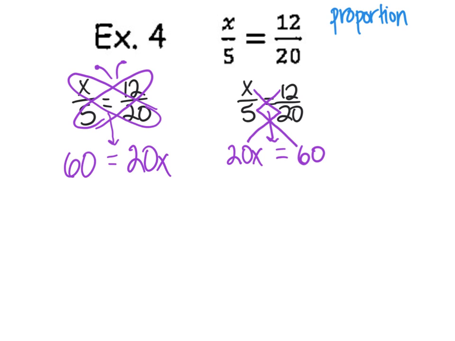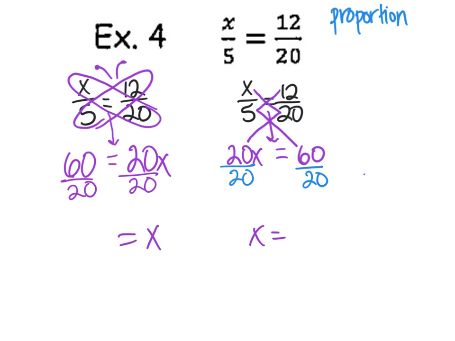No matter which method you decide is your preferable method, what is the thing that I do to get the x alone? Divide both sides by 20. You're right. Let me do that to show my steps.